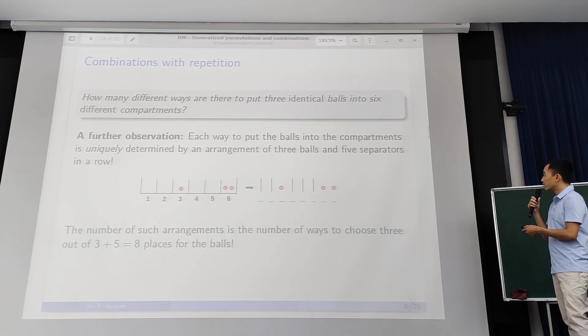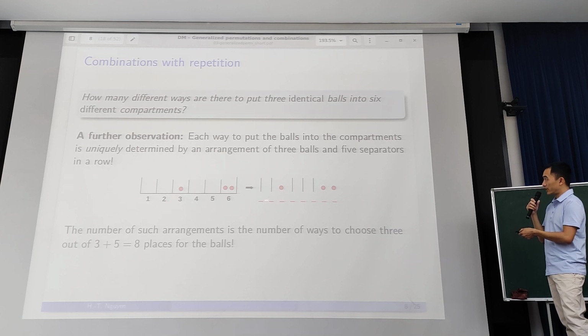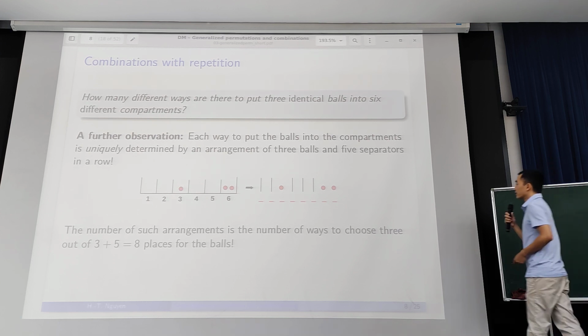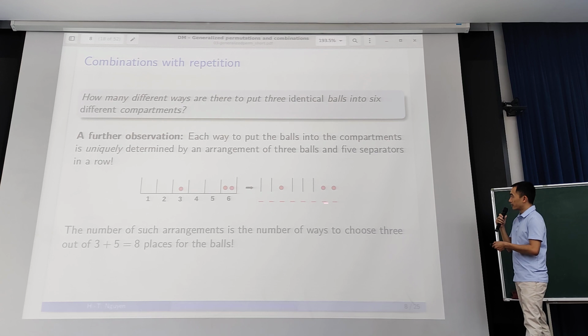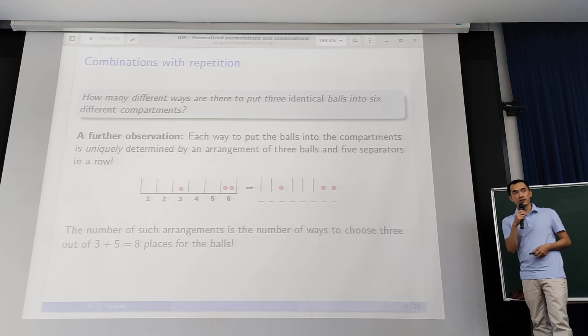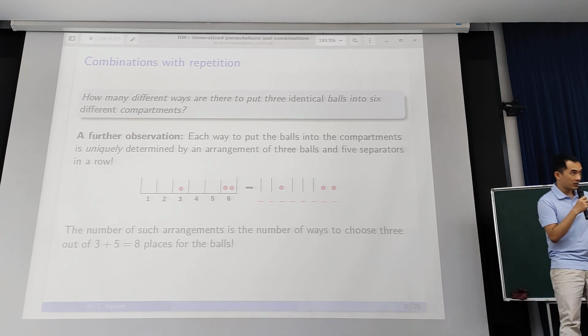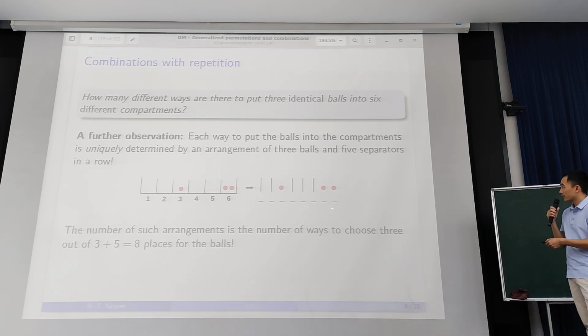Now we will denote each space occupied by a separator or a ball by a space here. You have 5 separators and 3 balls, so you have 8 places for separators and balls.